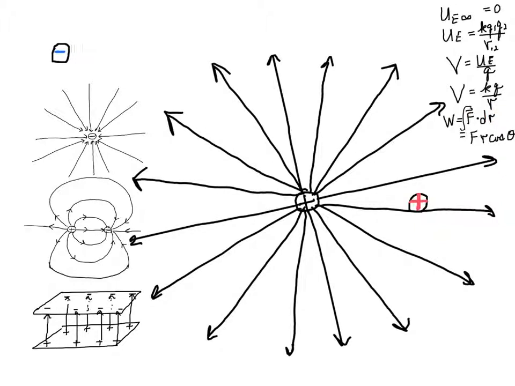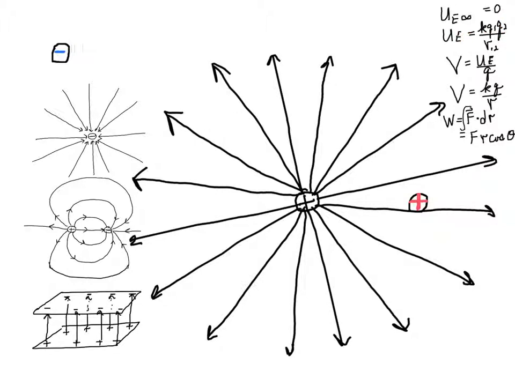So at infinity, it has no energy. That should be clear, right? I take this charge, I put it far away, it's not going to have any energy. So I do the work, I bring it in. So actually, if I use the Coulomb's law equation for force, and I do this integral, that's how I get this expression for energy.